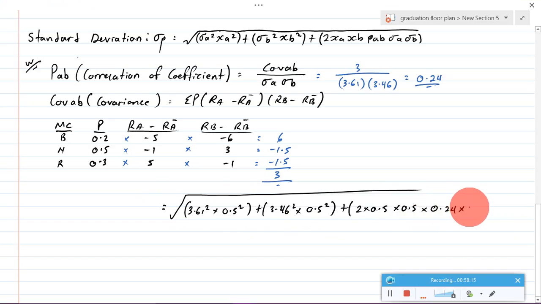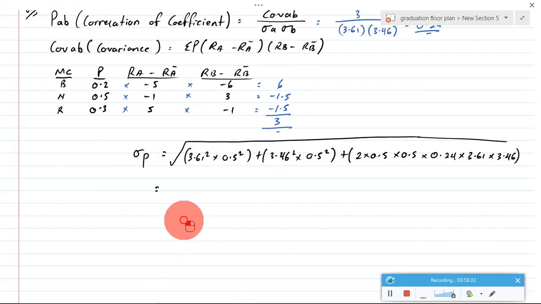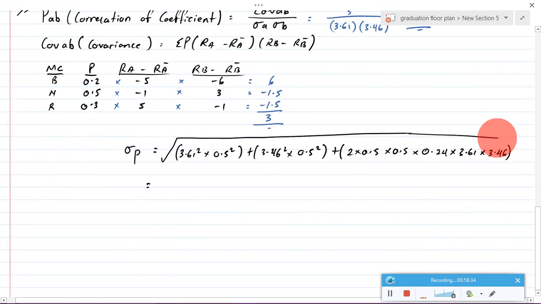So in the exam you can cut short, okay, but in certain situations. In the exam sometimes they will give you the correlation coefficient. In that situation, can we cut short? You can't, because you don't have the information of what? Covariance. So you have to use the long formula. Okay? You look at the situation where you can cut short, you cut short. But if you can't, then you can't.